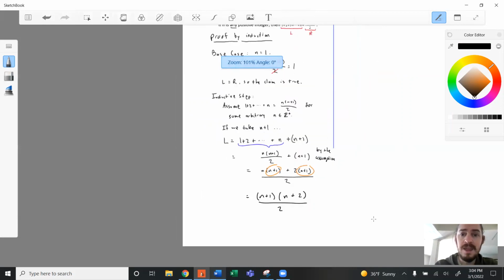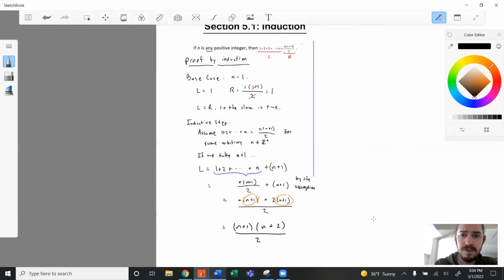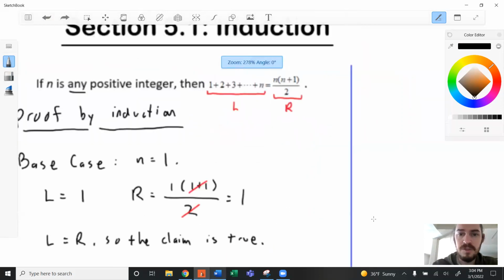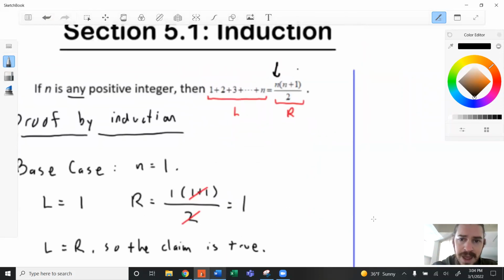Now this, n plus 1 times n plus 2, might look like not much at all, except that it is the right-hand side of the expression when you replace n with n plus 1. So if it was n plus 1, it would be n plus 1 and then n plus 1 plus 1, which is n plus 2, right? So what we have here is the equivalent of the right-hand side with n plus 1.